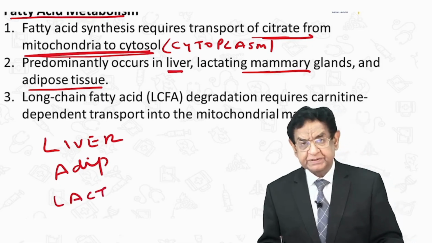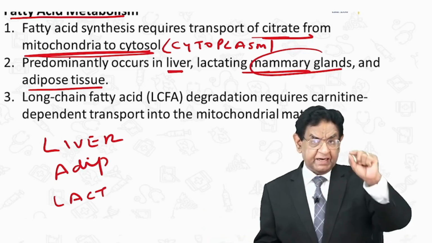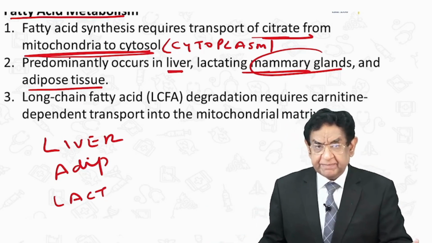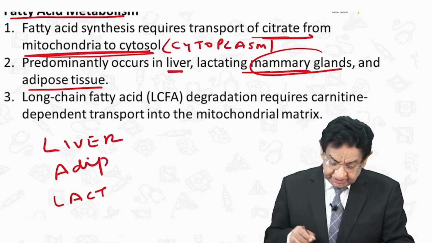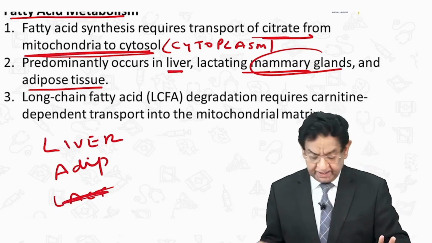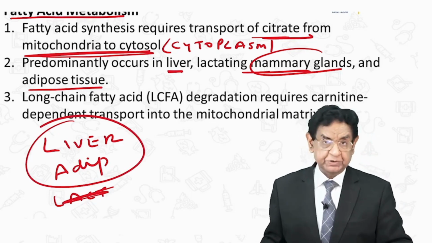There are three places. Lactating mammary gland is a very specialized place and occurs in ladies in a specialized timing, during the time of lactation. So if I remove this, for any male or female, we are left with two tissues: liver and adipose tissue.